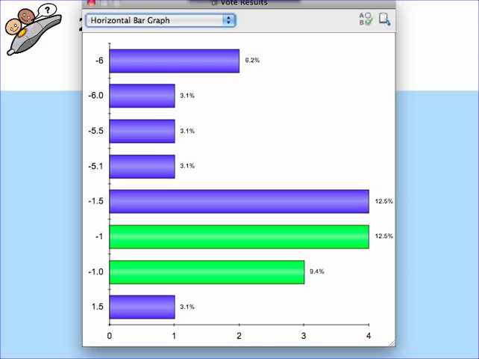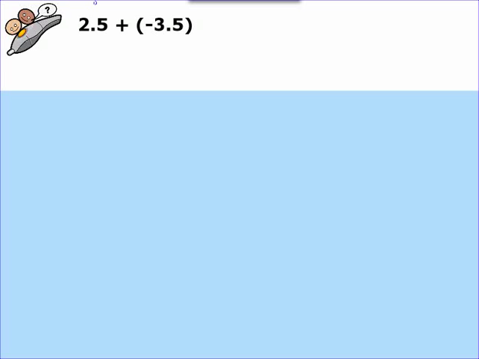Okay, I know some people answered -1.0. Okay, whoa, looks like we have some differing views here. Okay, 2.5 plus -3.5. So what you should do is basically subtract those two, and when you subtract those two, you get 1, and you take the sign of the bigger number, so you should get a -1 there.